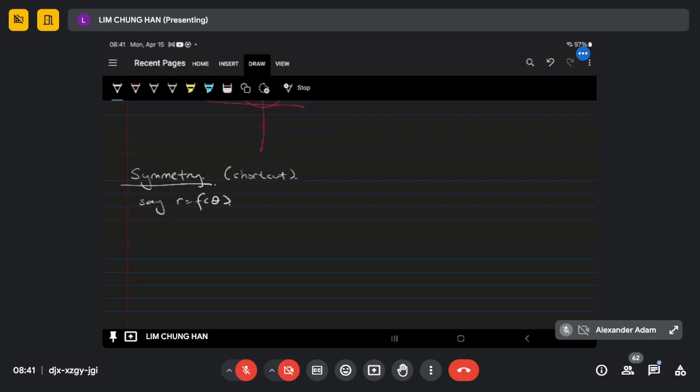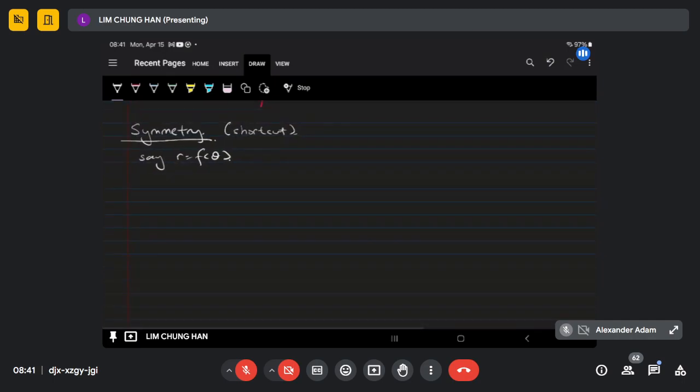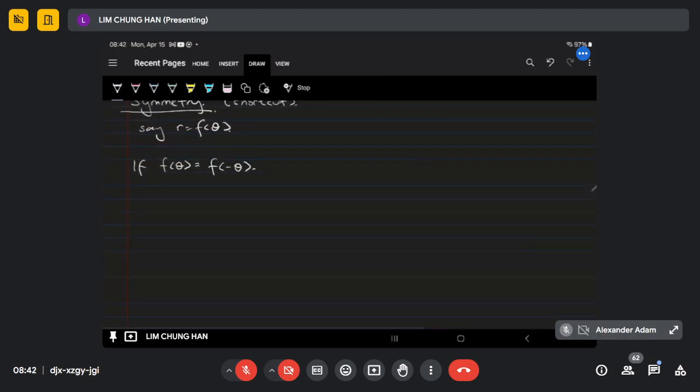So you can do a check: if the function when theta is positive equals the function when theta is negative, what that means is the function is symmetrical about the polar axis.